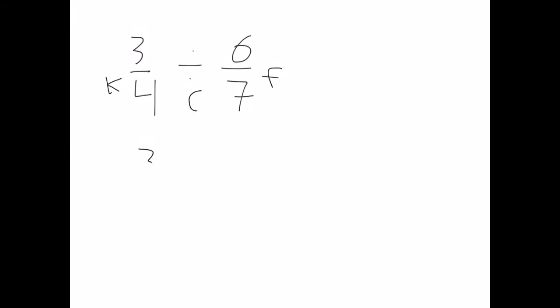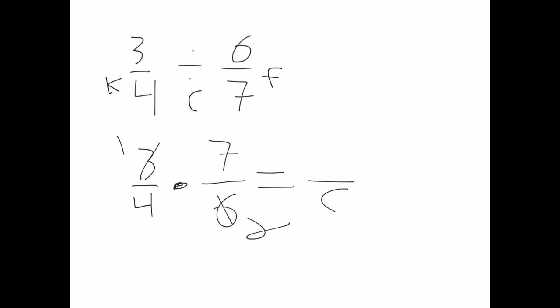So you keep 3/4, change the division sign to a multiplication sign, and then use 6/7's reciprocal, which is 7/6. Now you can do it. We also have two numbers that we can simplify. 3 goes into 3 once, and 6 goes into 2 twice. 1/1 times... 8 over 7, and that's your answer.